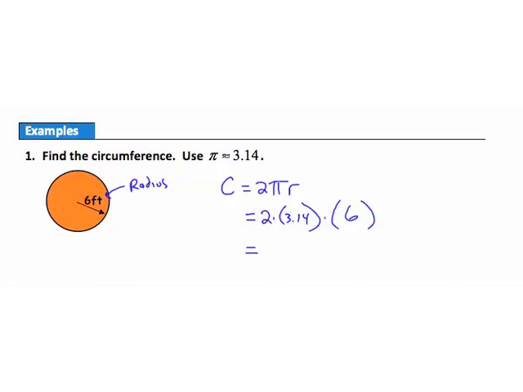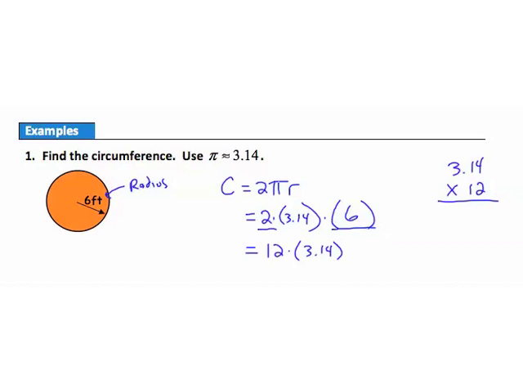So I'm going to multiply these 2 whole numbers together first. 2 times 6 gives me 12. So then I'll have 12 times 3.14. The advantage of doing that is then I don't have to multiply twice with a decimal number. Now I just have to do in the final calculation multiplying by a decimal number. So I'm going to go off on some scratch paper, and we'll take 3.14 and multiply that by 12.